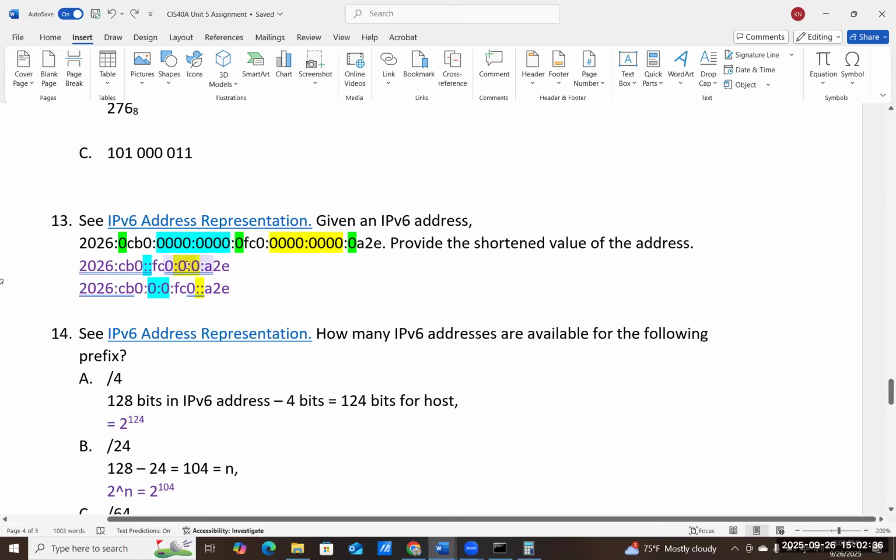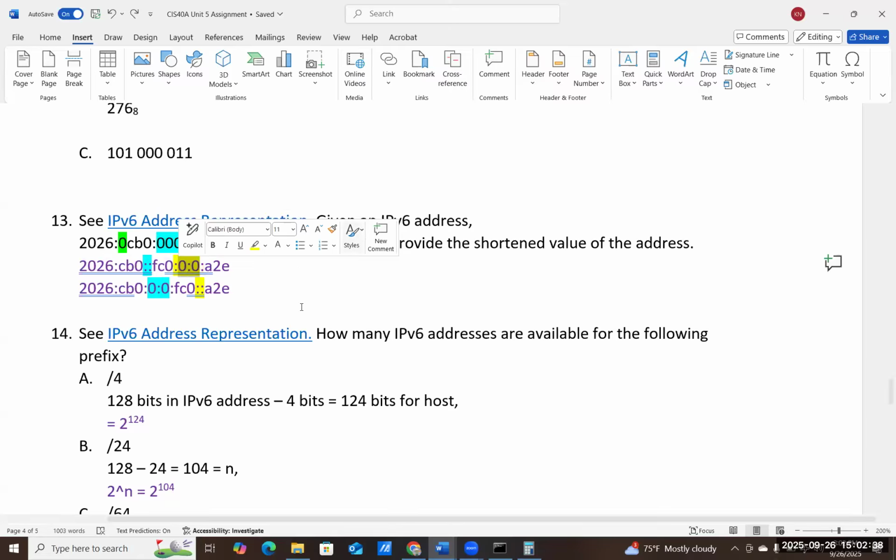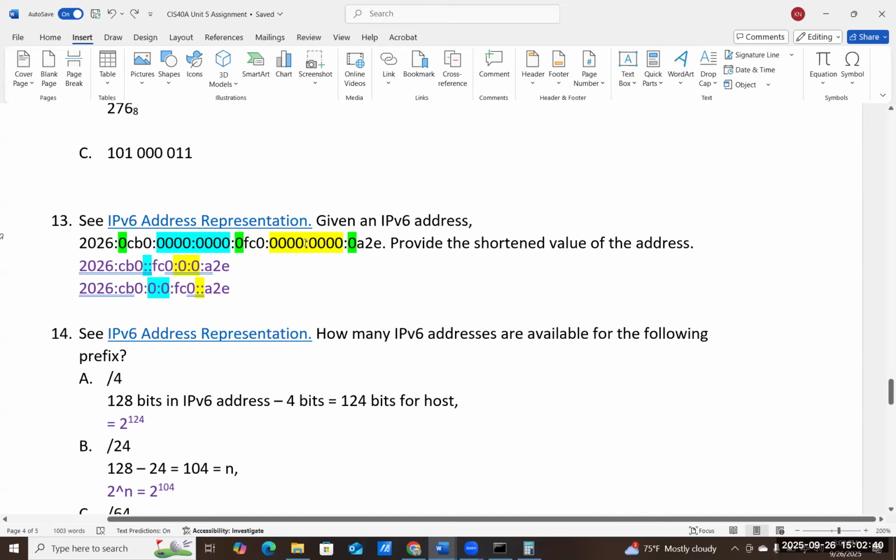Now you can use a double colon here for these guys, or another way that you can write it is :0 and condense those 4 bits to 1 0, right? So I can make it a double colon, or I can just put :0 for each 4 bits.